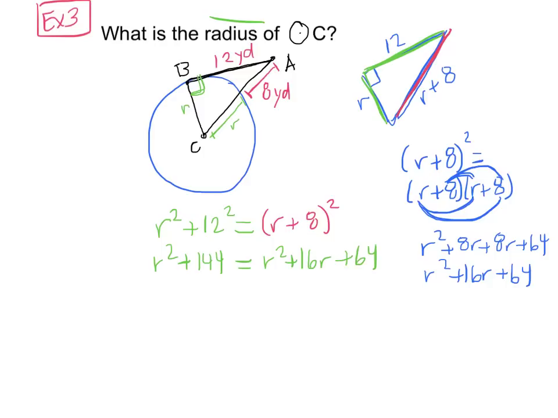Now my goal is to find r, or the radius. So I'm going to start by seeing if I can isolate some stuff. I'm going to subtract r squared from both sides. And when I do that, I end up getting 144 equals 16r plus 64, because there's exactly one r squared on both, so it becomes 0. Now I'm going to subtract 64 from both sides.